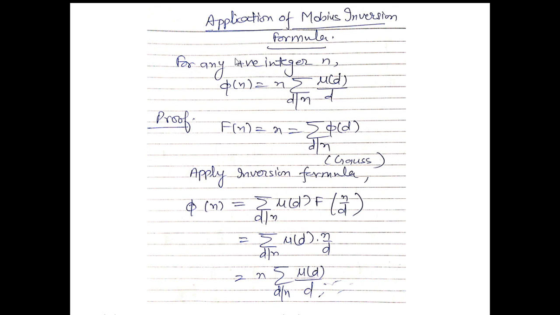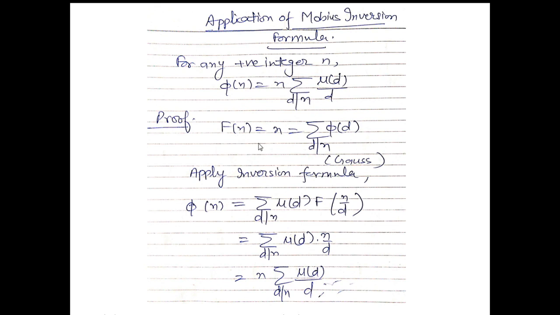Let us see an application of the Mobius inversion formula. Now we are using the Mobius inversion formula in finding the value of phi. So if n is a positive integer, then phi n is equal to n into the summation of mu d by d, where d divides n, d being the positive divisors of n.